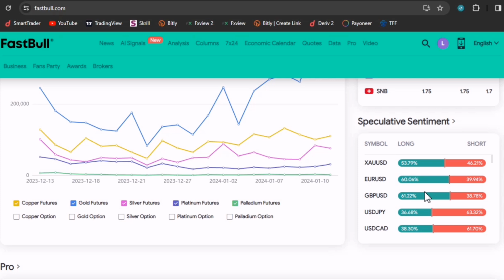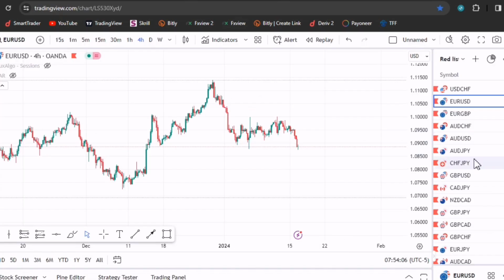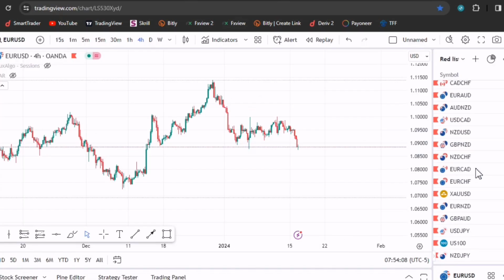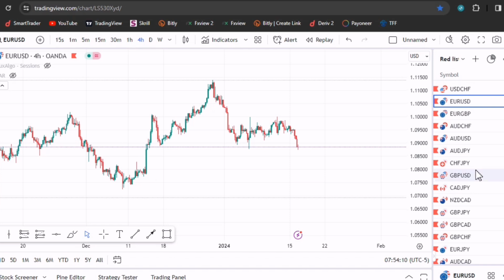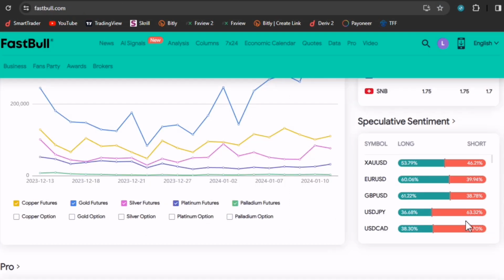When you jump into the market, there are a lot of pairs to trade, and your first knowledge should be on knowing which pairs to trade and which pairs you are not supposed to trade. That is where the speculative sentiment comes in.